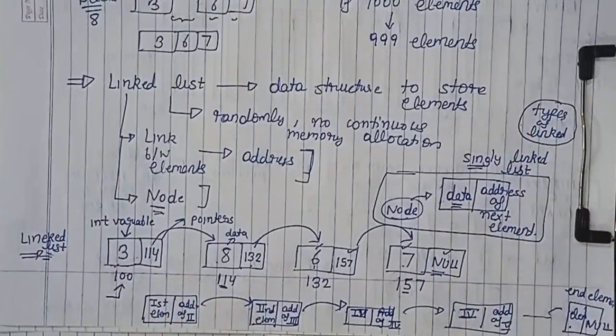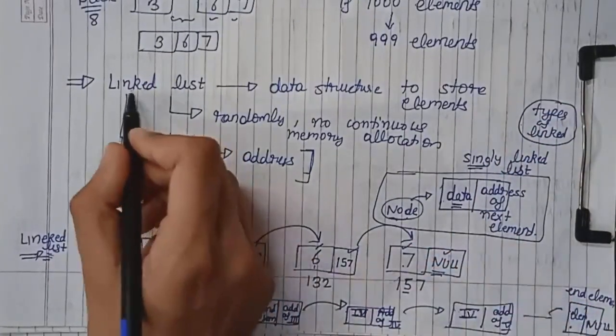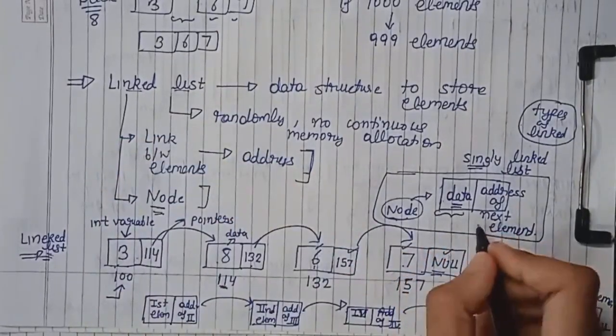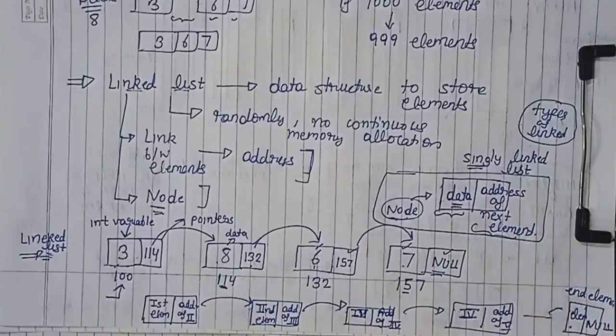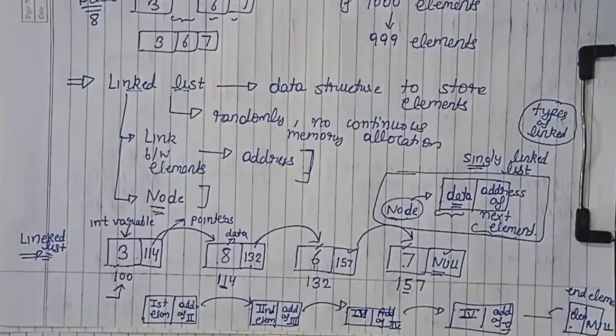For now, let us understand that a node is the basic unit of the linked list, and it is used to store data and the address of the next element. I hope that this is clear to you.